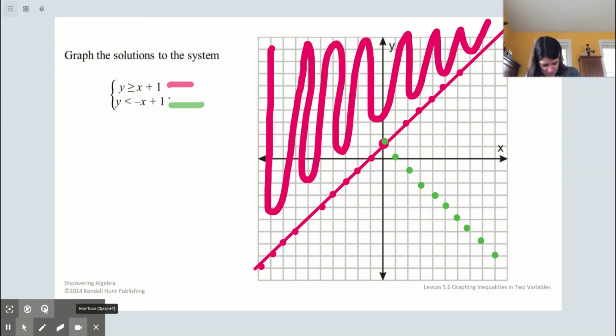So I will draw a dashed line. Okay, it's kind of a messy one, but you get the idea. And then we want less than, so we're going to go underneath the line.